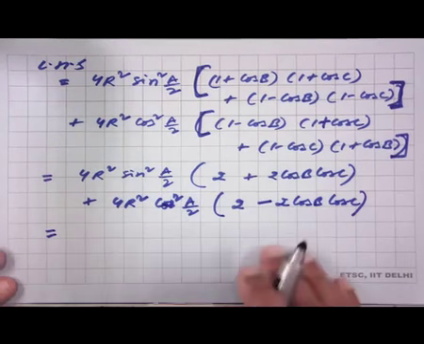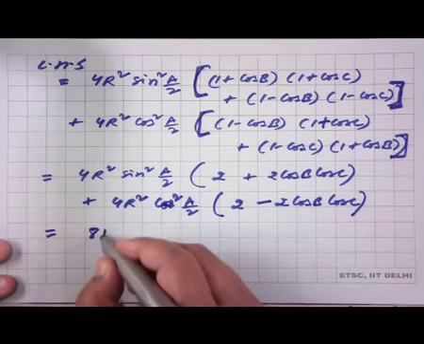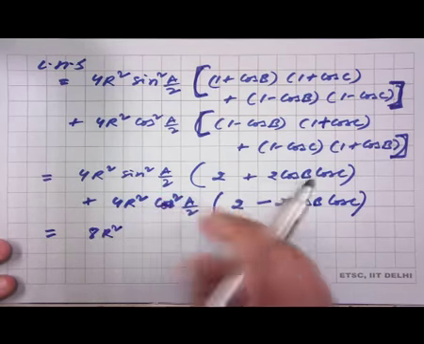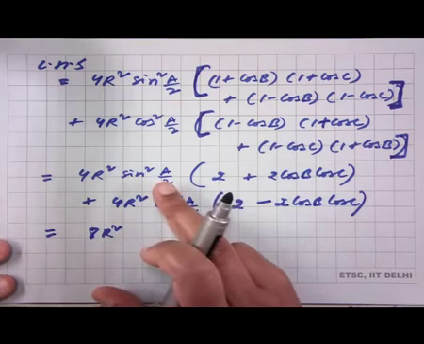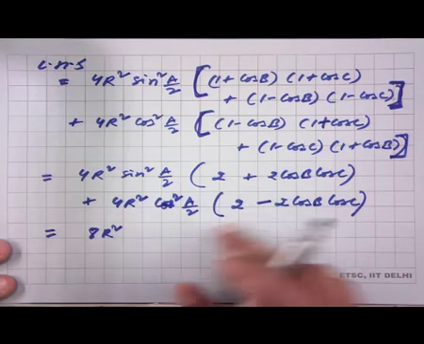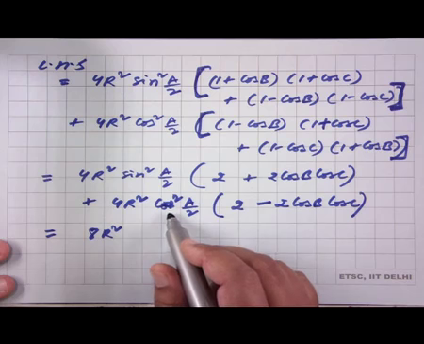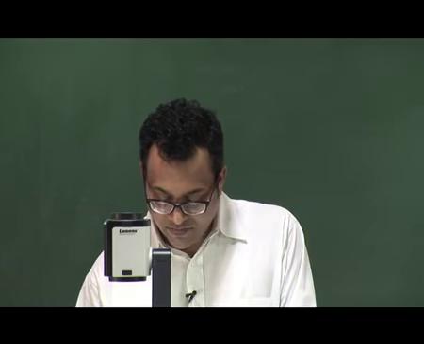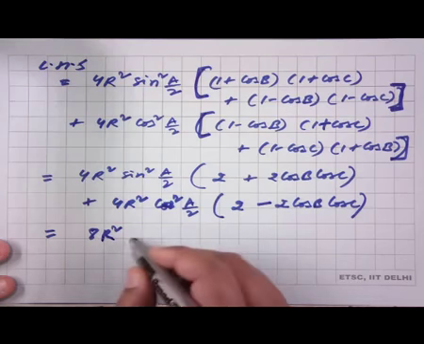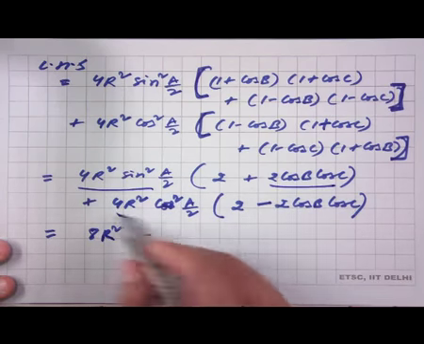that can be further written as, so we have 8R square. So, this multiplied by this is 8R square sine square A by 2, and then here we get 8R square cos square A by 2, but we know that sine square A by 2 plus cos square A by 2 is 1, and therefore, we will simply have 8R square plus, and then this multiplied by this and this multiplied by this.